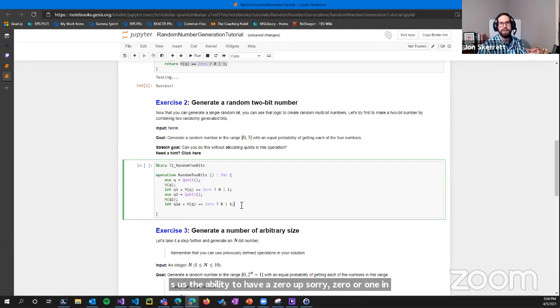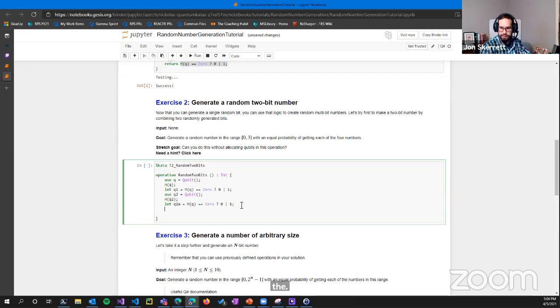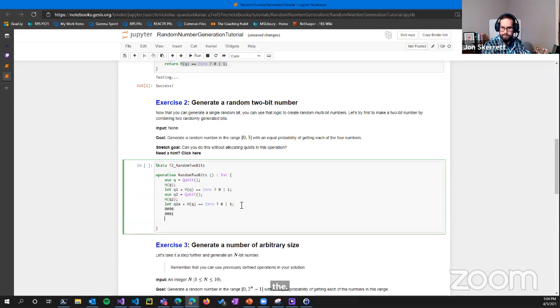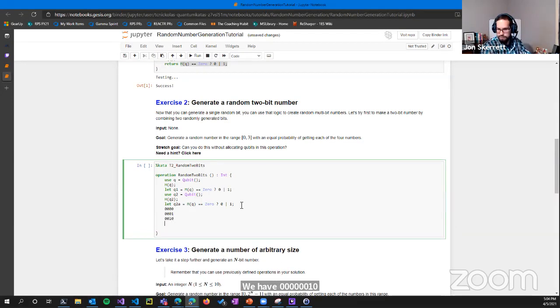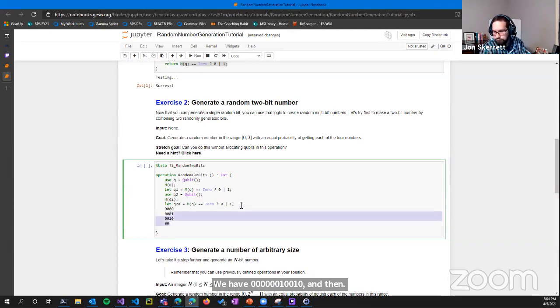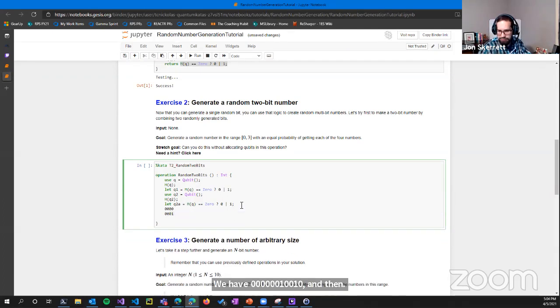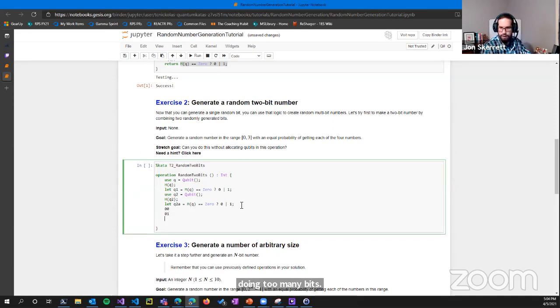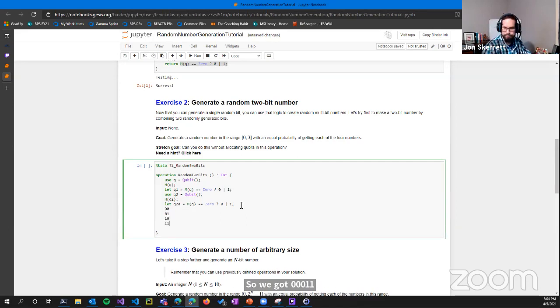So if you imagine a 4-bit number here, let's say we have 0, 0, 0, 1, 1, 0, and 1, 1. Those are our 4 possible states.